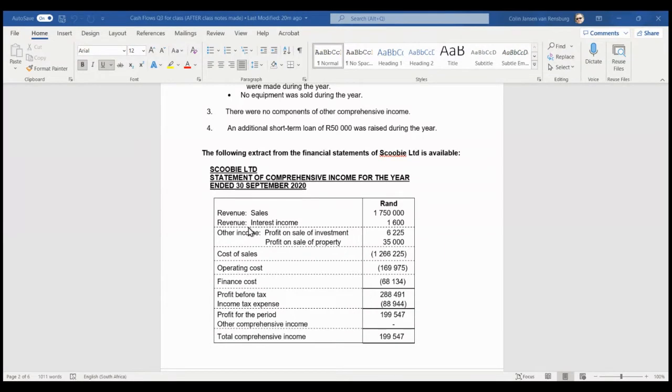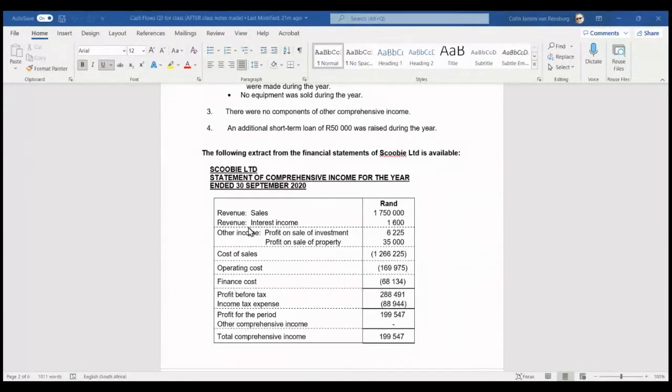Now, if we look at that very first item, revenue, I want us to distinguish between four things, actually, ladies and gentlemen, and this is the point I'm trying to make here. It sounds a bit strange at the moment, but if something has to do with our operations, we are going to indicate it as such.